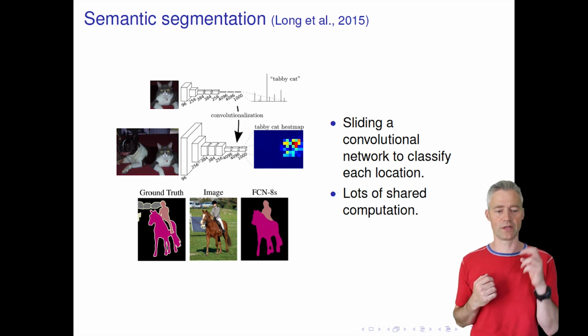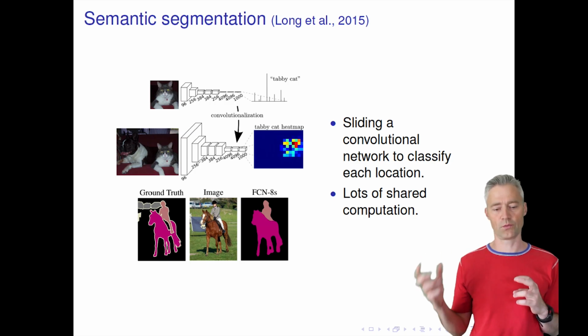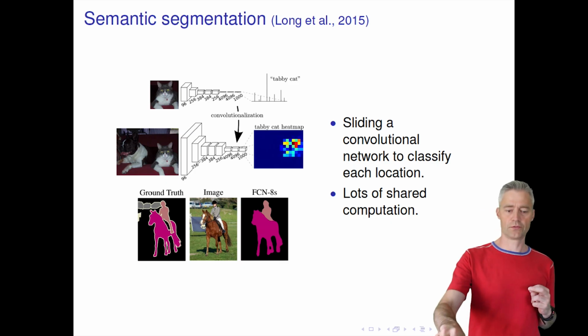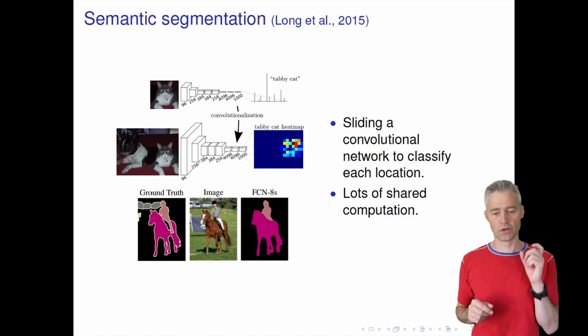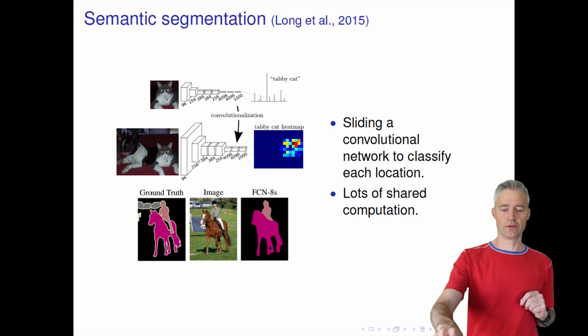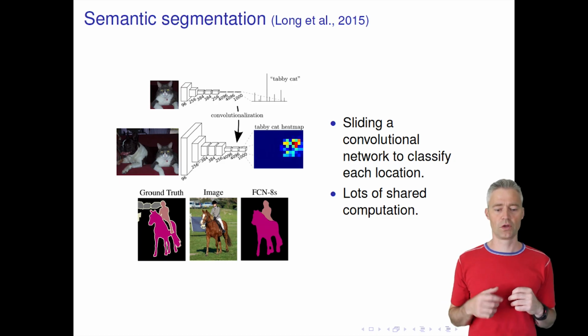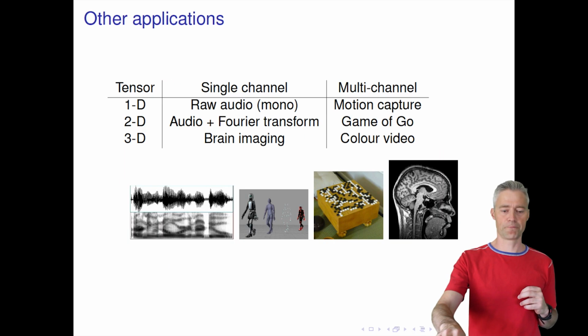So for example, if you have an image with both a cat and a dog, then you should classify it as such and say where the cat is and where the dog is. And you can also use the same kind of ideas for image segmentation, where you want to classify each pixel in the image, and you can do this efficiently with convolutions in order to not perform the same filtering operations again and again.